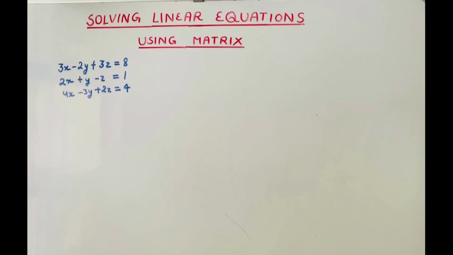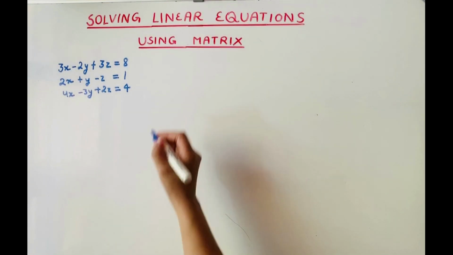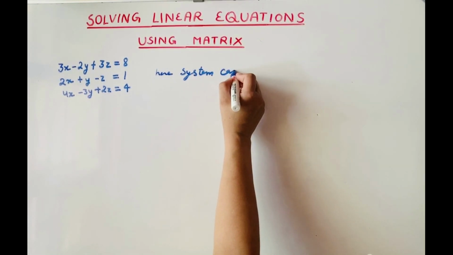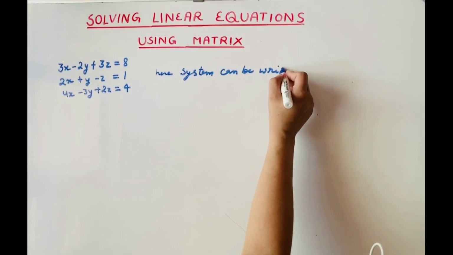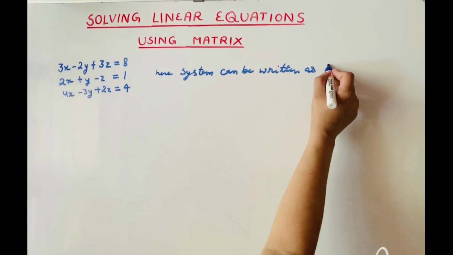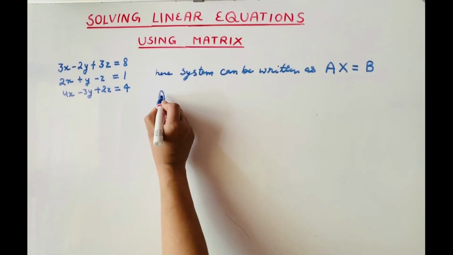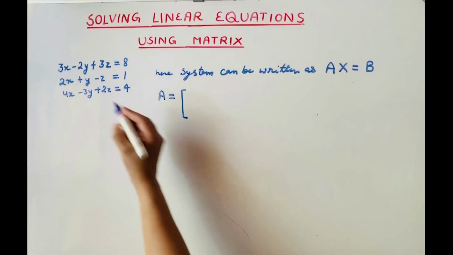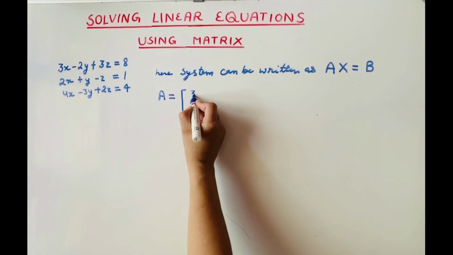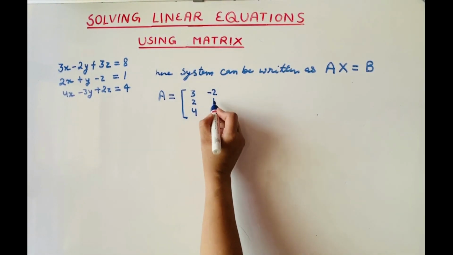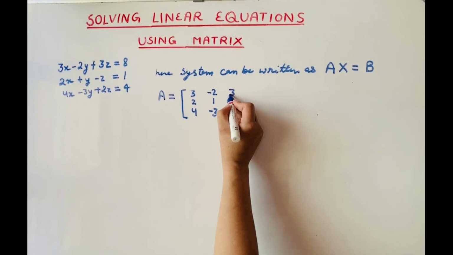Here I have taken three equations in terms of x, y and z. Now the system can be written as Ax = B, and here your A will be the following. As I told earlier, all the coefficients of x will be your first column, that will be 2, 3, 2, 4, the second column will be the coefficients of y, and your third column will be the coefficients of z.